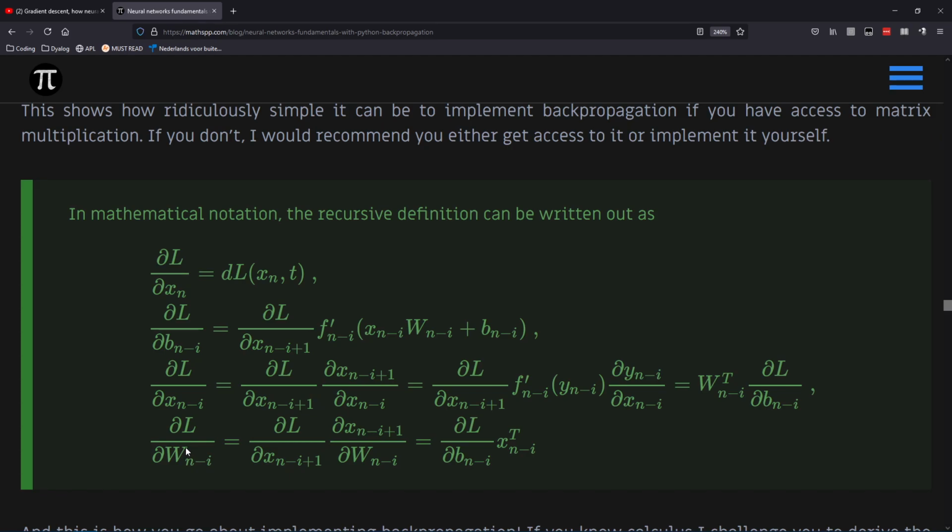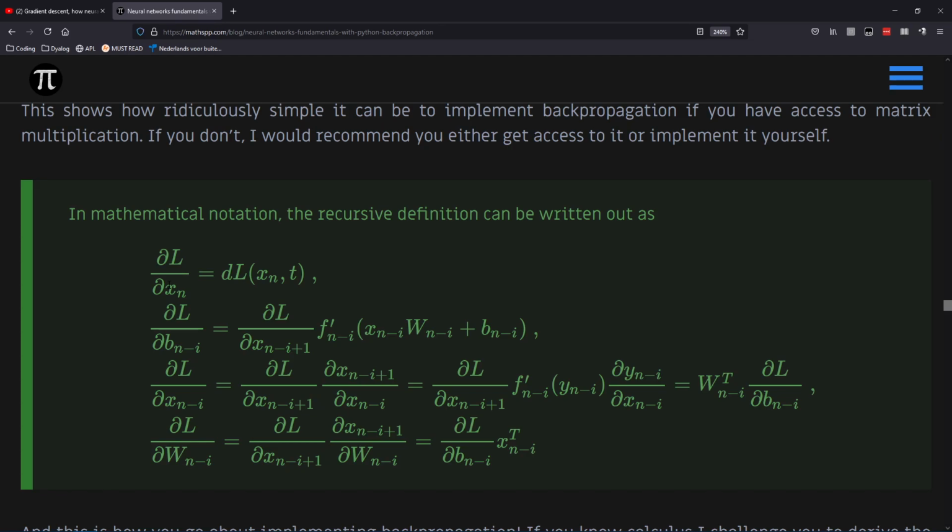And now notice that, yeah, exactly, it's right here. This is indexed by n, because this is where our recursive definition is going to start. It's going to start with the derivative of the loss function, and these x's here actually correspond to the x's that we produce in our feed forward operator.